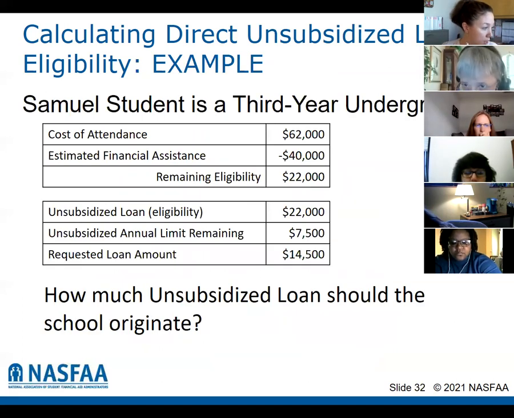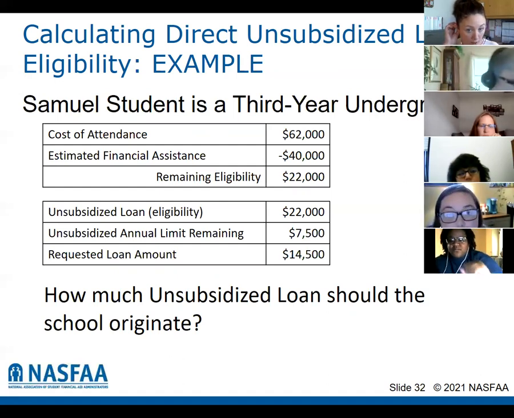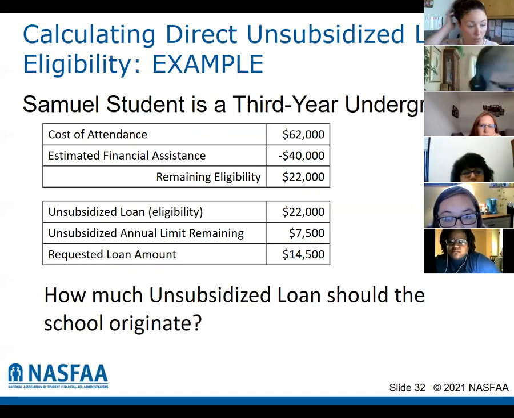Here's an example for your unsub loan. If Samuel has a $62,000 cost of attendance, he is getting $40,000 in other financial aid. Could be any combination of other financial aid, but let's say it's a scholarship. So he has $22,000 left in eligibility.